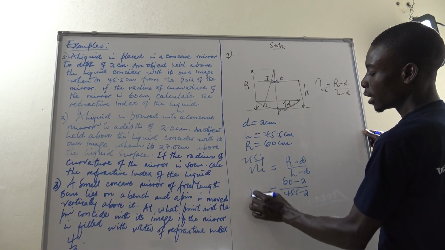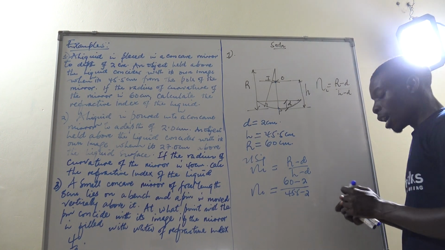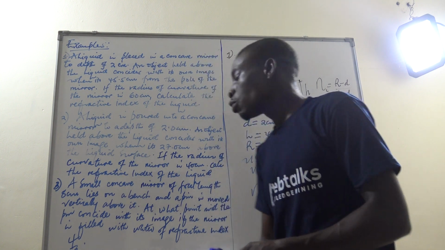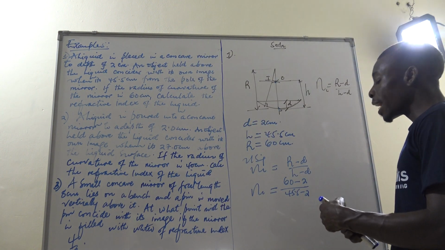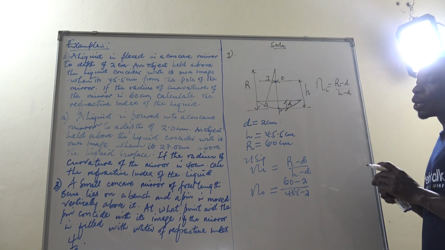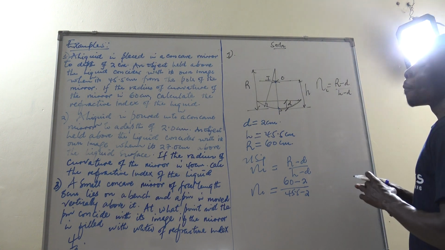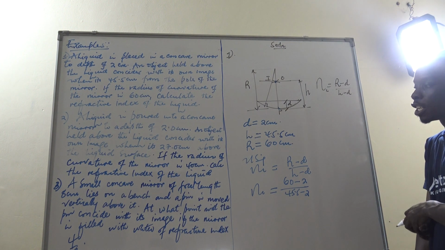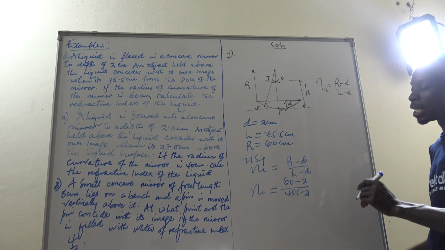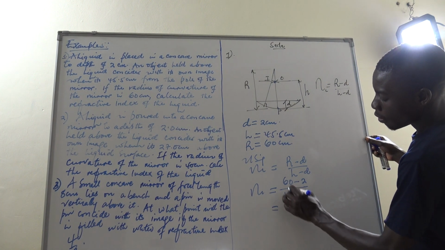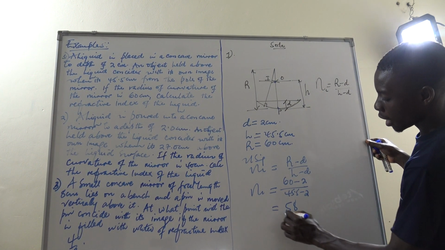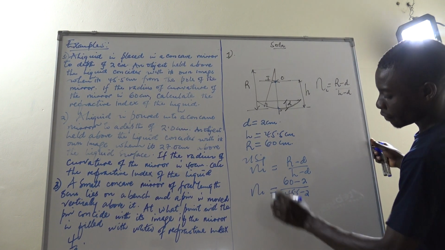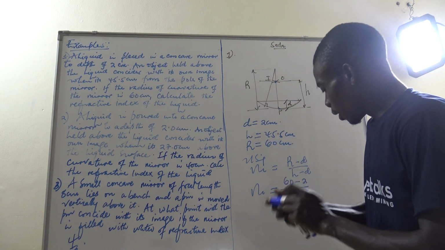Please don't forget, in our calculations of light, however much we say substitution should be done in standard units, for light we basically use centimeters. We don't convert the unit of length to meters. We only deal in centimeters. So this will be 58 divided by 43.5.